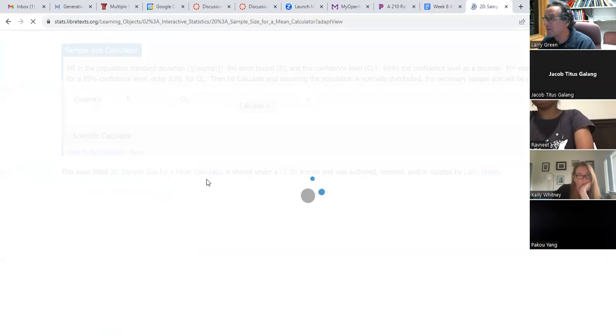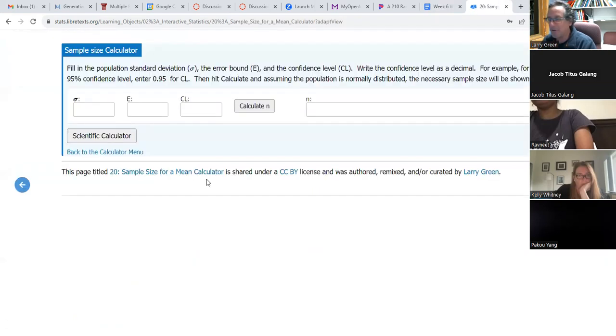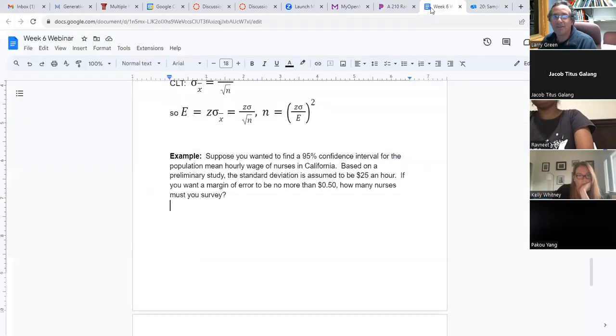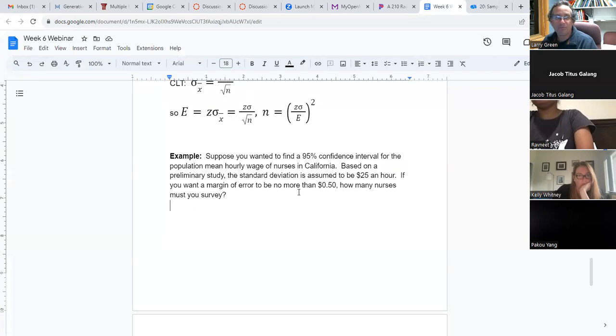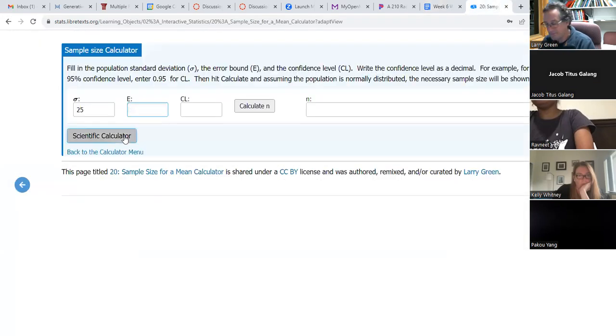It's not a proportion of something. And we want to find out how many you must survey. That's the sample size. For that, all you have to do is put in sigma. Sigma, I told you, was 25. That's the standard deviation. E is the margin of error, 50 cents or 0.5.